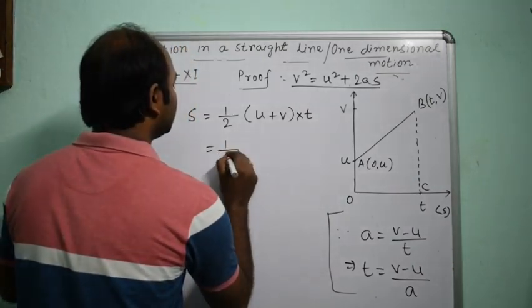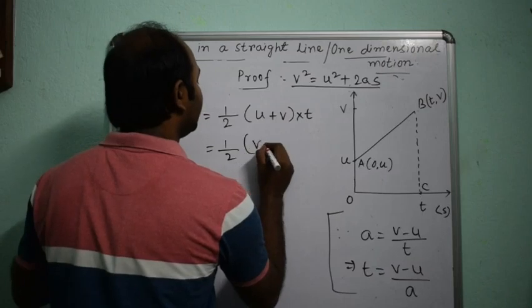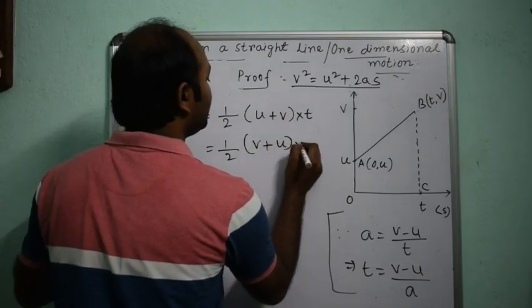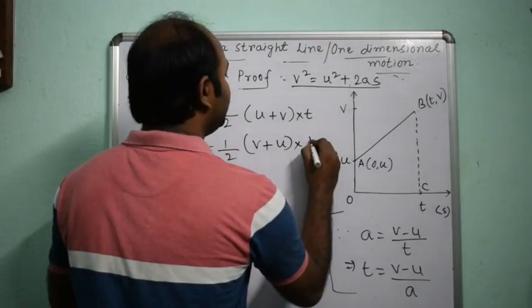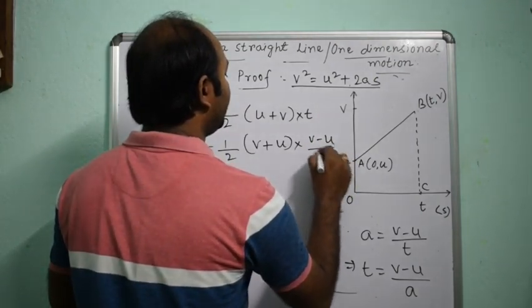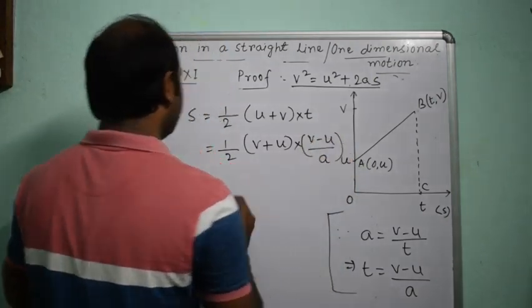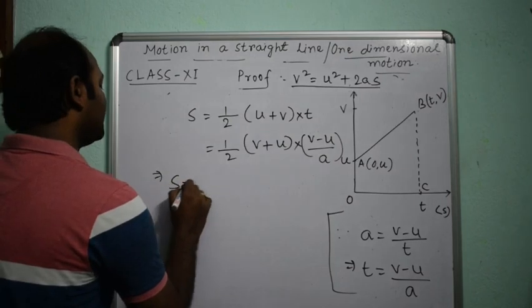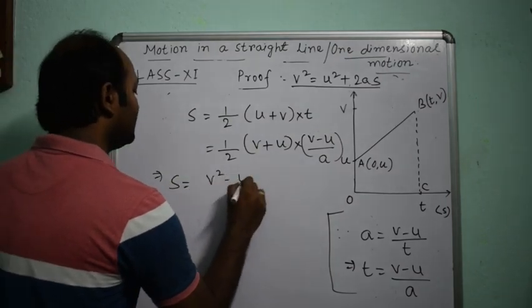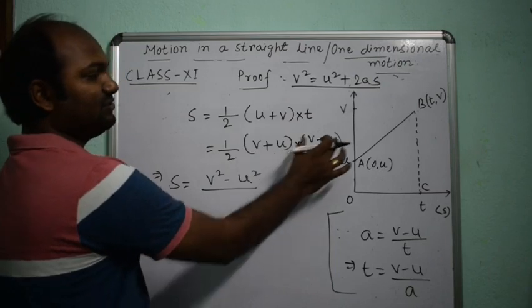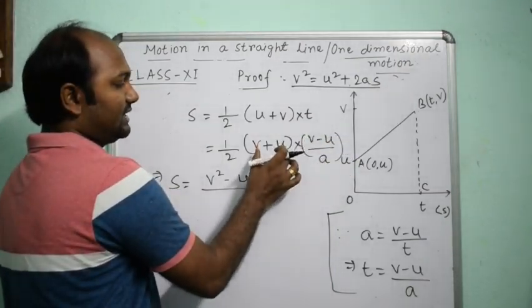So half into v plus u into t, meaning v minus u by a. So this S becomes v square minus u square by 2a, since a plus b into a minus b means a square minus b square.